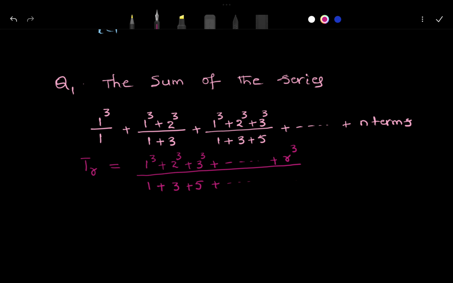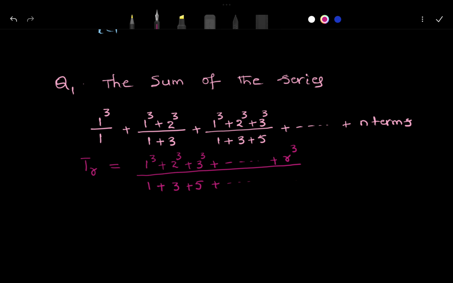Very clearly see, in the third term it is 1 plus 3 plus 5, in the second term 1 plus 3. So like that, in the rth term it will be the sum of all the terms up to r.